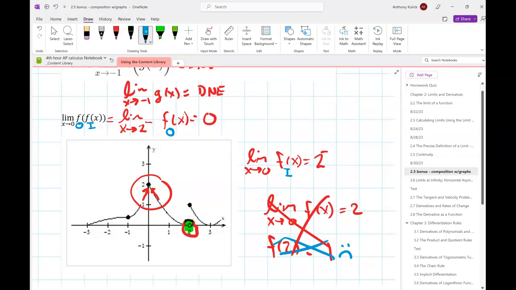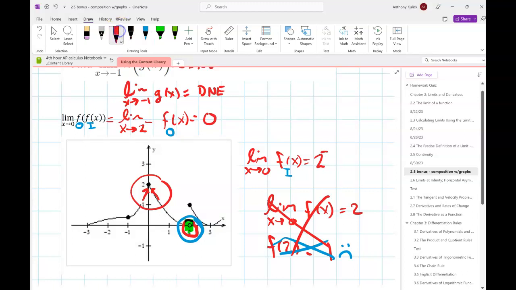So the inner function is always approaching 2 but from below, always values less than 2, right? So those are going to be the inputs for my outer function. So my limit for the outer function is approaching 2, but from below, or from the left. So when I look at that, that's here. Yeah, it's hard because it's f and f.